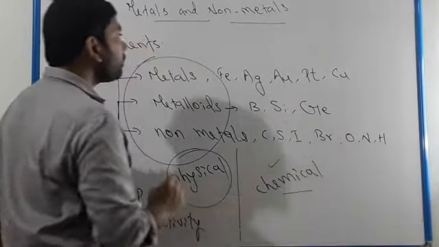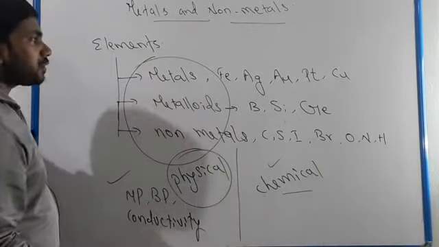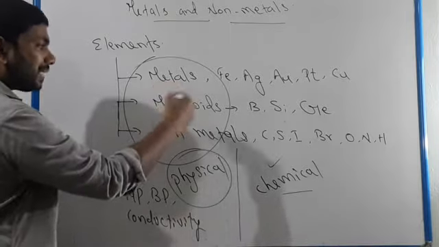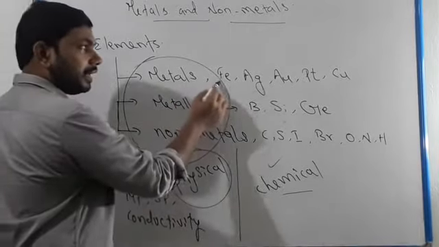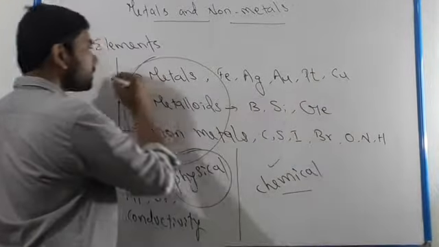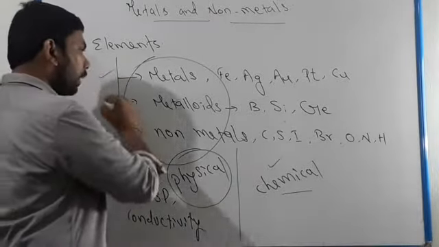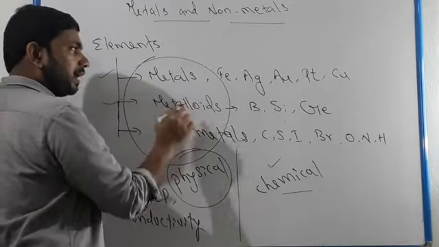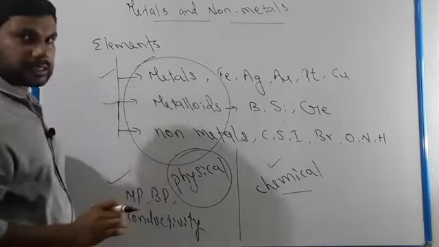So here we discussed three different types of elements: metals, metalloids and non-metals. Examples of metals: iron, silver, gold, platinum, copper. Metalloids are elements showing both metallic and non-metallic properties.